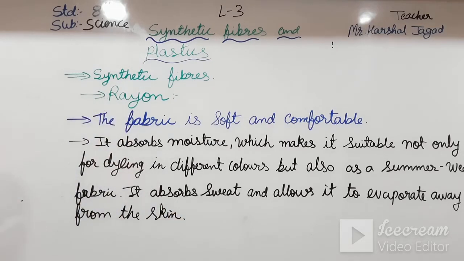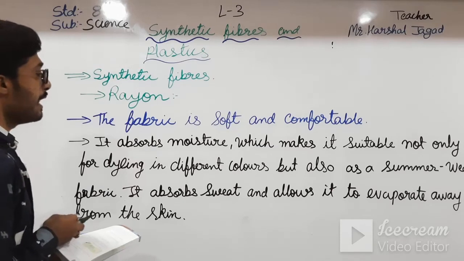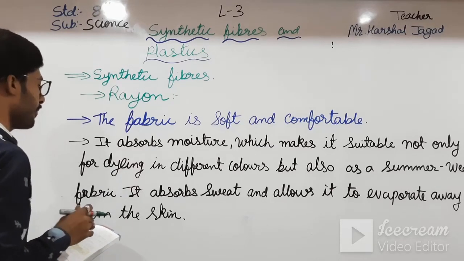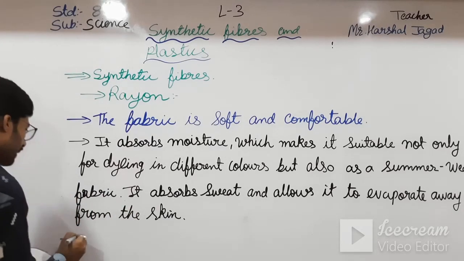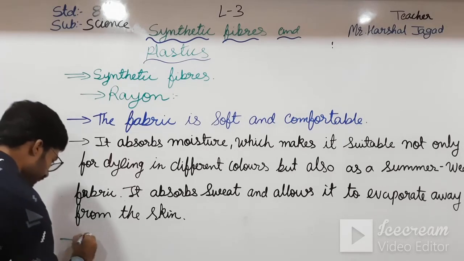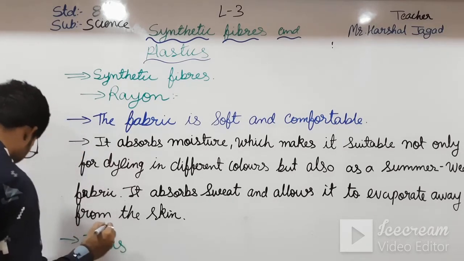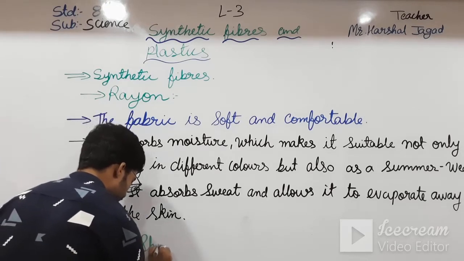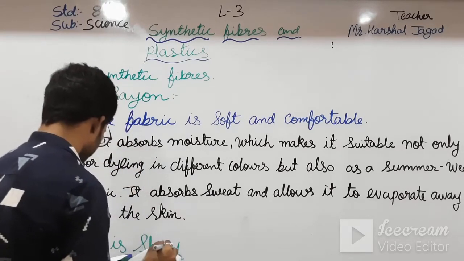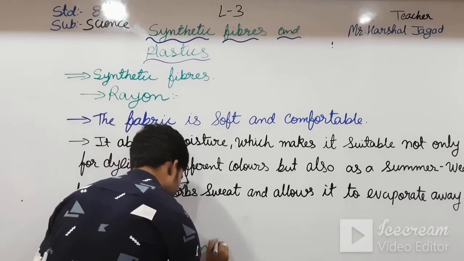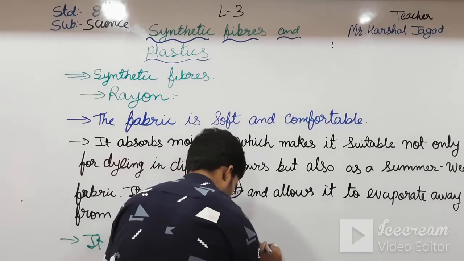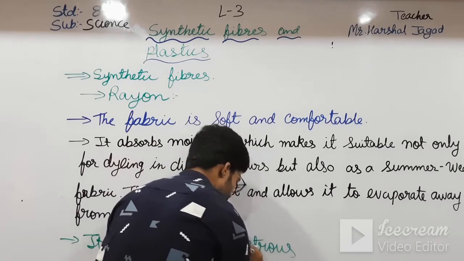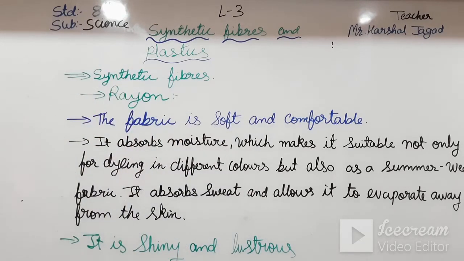So students, this is our next point, that is it absorbs moisture, which makes it suitable not only for dyeing in different colors but also as summer wear fabric. It absorbs sweat and allows it to evaporate away from the skin. And the last point, that is it is shiny and lustrous.